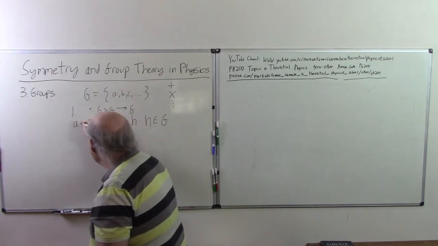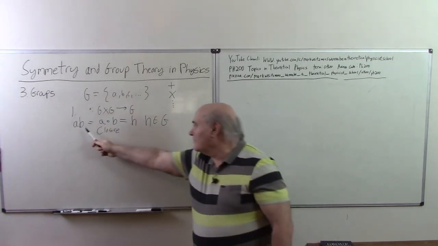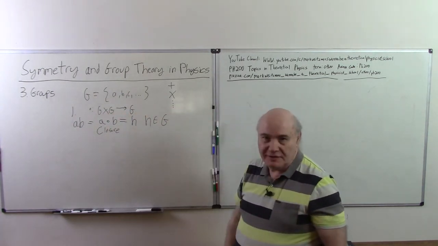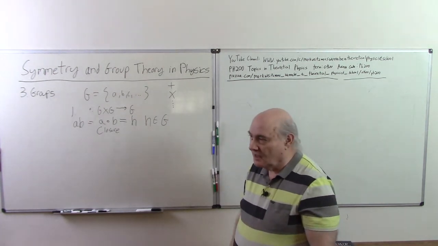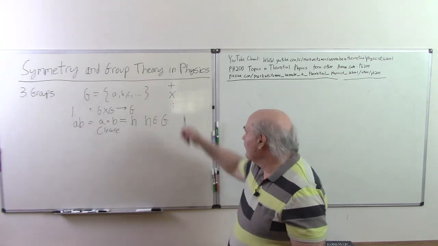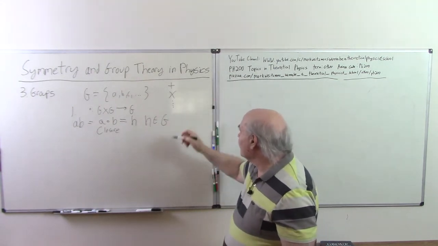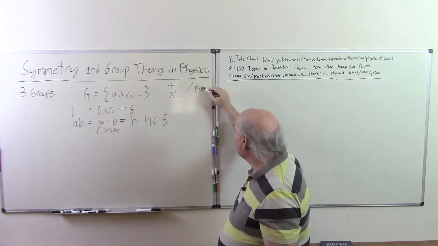We're just going to write AB. So the product of 2 elements in a group is another element in the group. Most of the time we'll use the language product. That's just what we usually use, but sometimes it's actually addition, sometimes it might be some kind of fancy division, mod, or something like that.